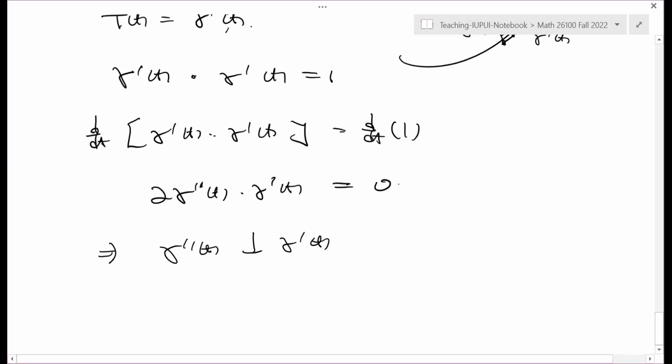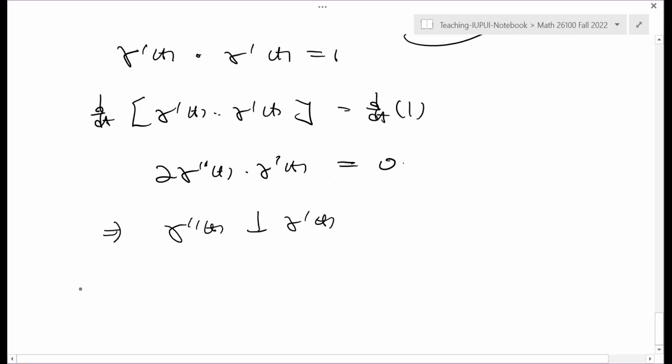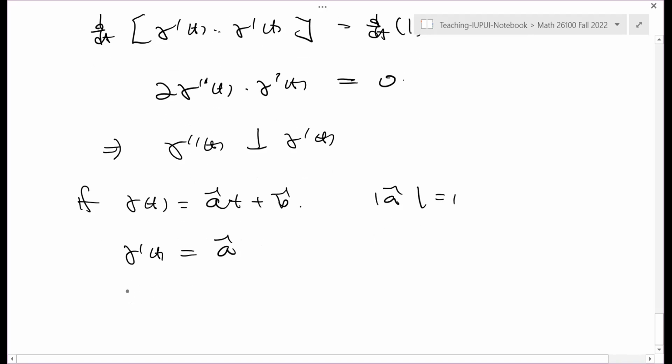A strict line, gamma of t, is going to be a linear function. So the special case: gamma of t equals at plus b, where a has unit length. In that case, the second derivative is always 0.